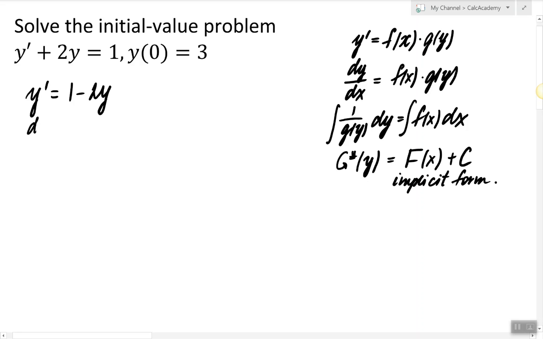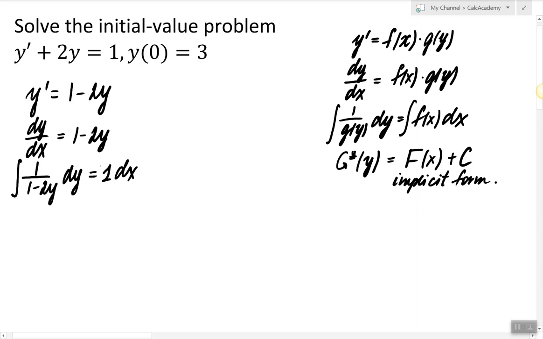So I'm going to rewrite the derivative in Leibniz form, and then I'm going to separate the variables. I'm going to bring 1 minus 2y to the left by dividing both sides by 1 minus 2y, and I'm going to bring dx to the right.